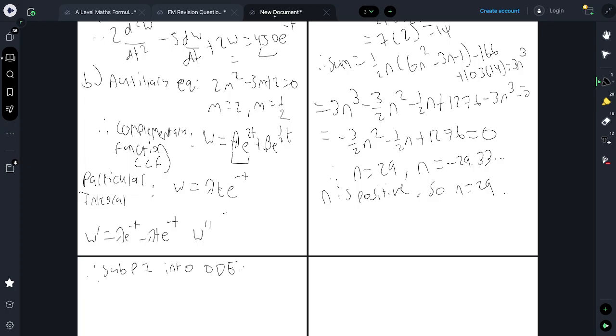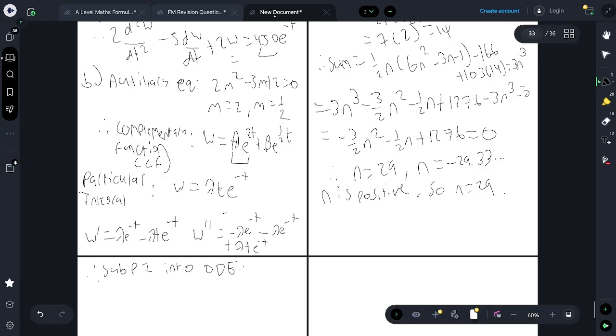So we need product rule here because it's two functions of t. Then w dash dash again would be minus lambda e to the minus t, and then apply the product rule here: minus lambda e to the minus t, differentiate the t bit, and then differentiate the e to the minus t. So that's going to be plus lambda t e to the minus t.